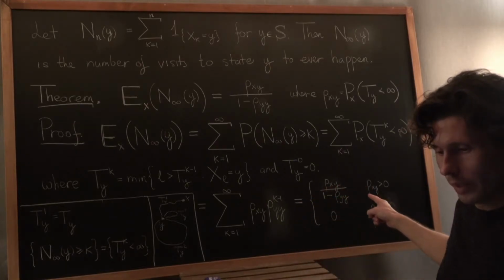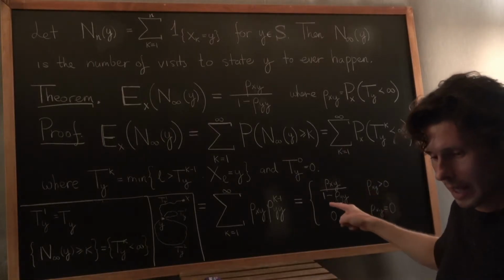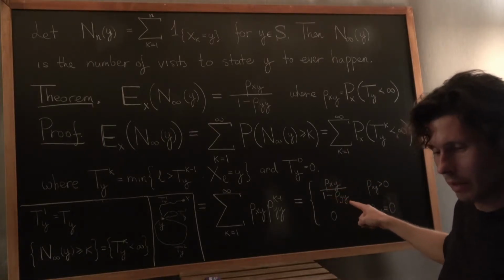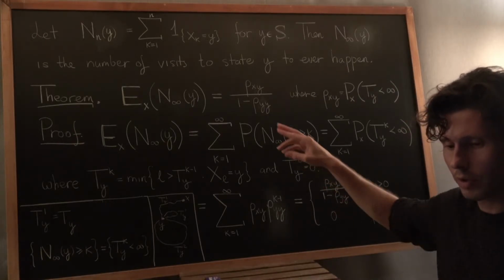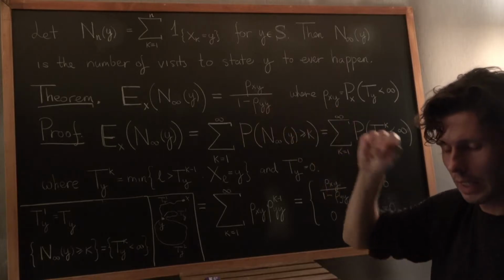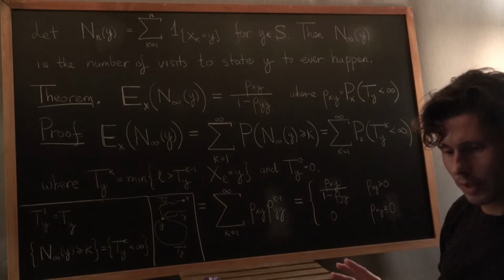If you can't reach y, don't expect any number of visits. Now, when there is a possibility of reaching y, that's what this clause is for, then you do get this expression. And here, again, when y is recurrent, you'll divide by 0, getting infinity, so you're expecting an infinite number of visits. Right now, hopefully this all seems correct, but maybe you're wondering what's the point.